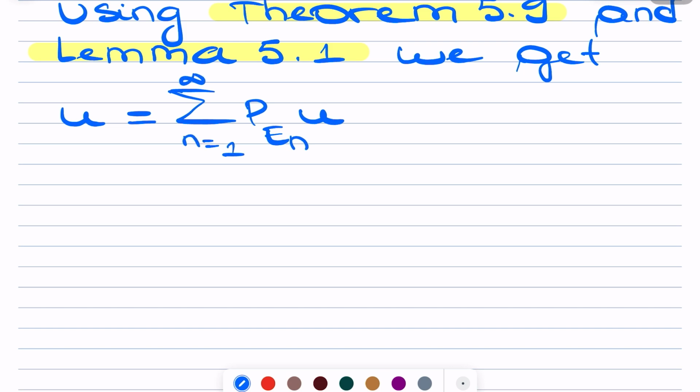But this is exactly the summation of the scalar product of u and e_n times e_n, n running from 1 to infinity.